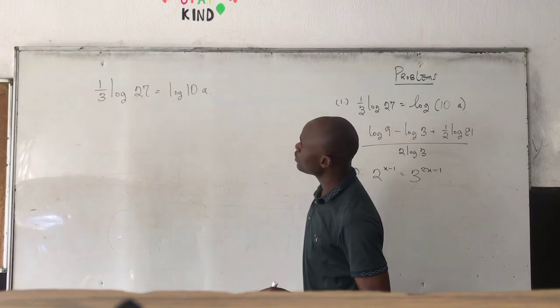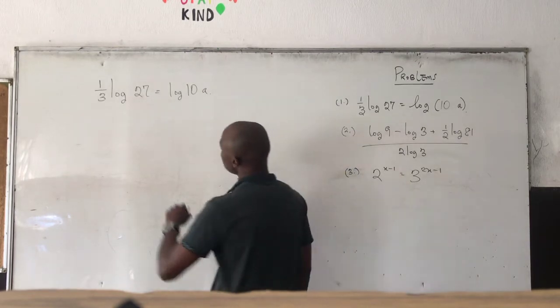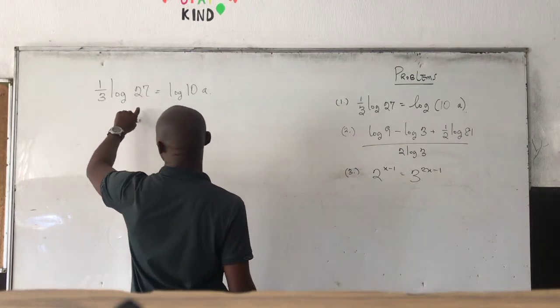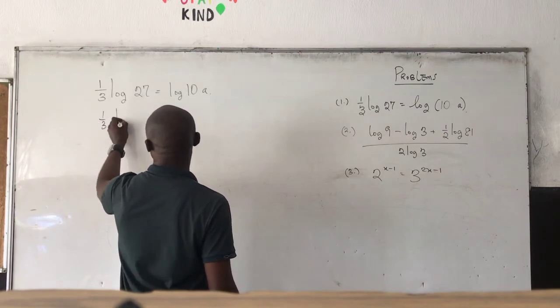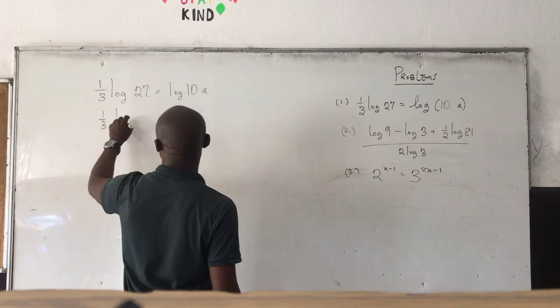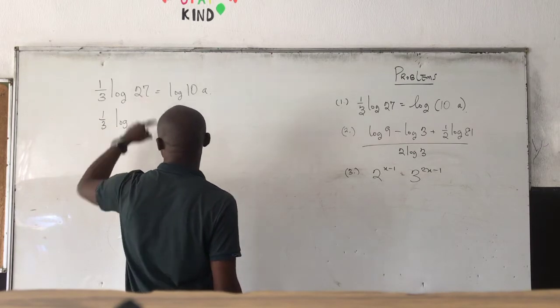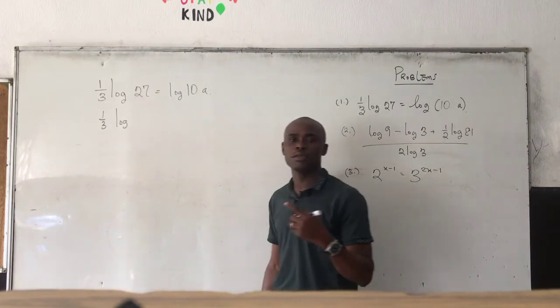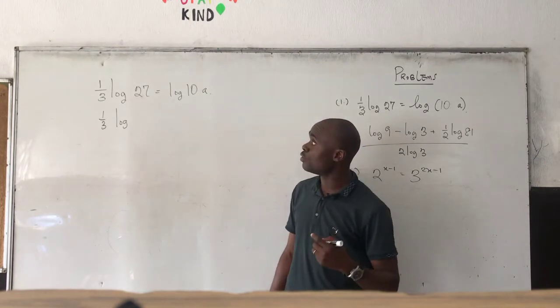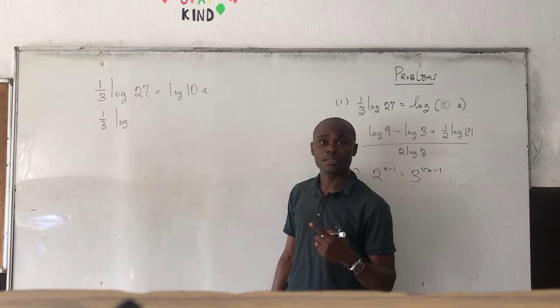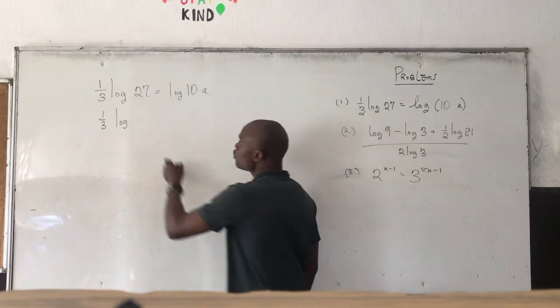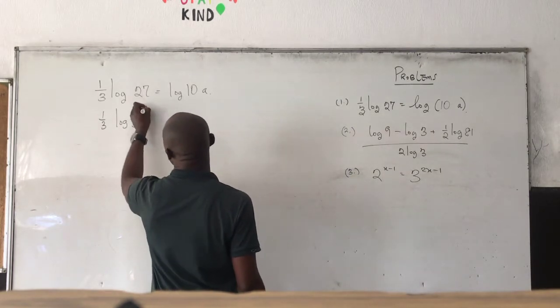So from here we know that we can simply write this as 1 over 3 log 27. 27 can also be written as 3 raised to the power of 3, because 3 times 3 is 9, 9 times 3 is 27. So we can write this as 3 raised to the power of 3.